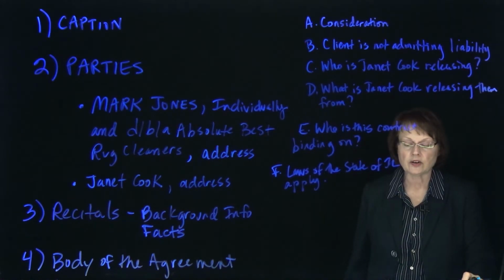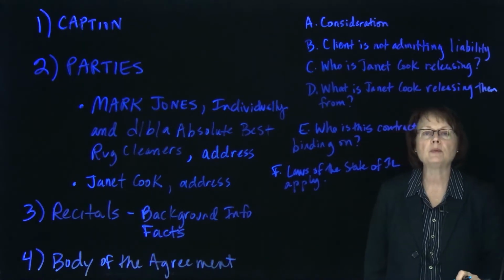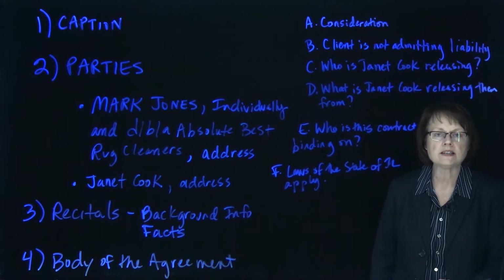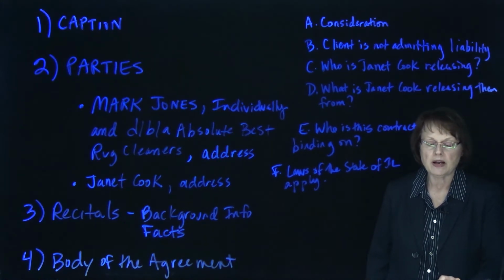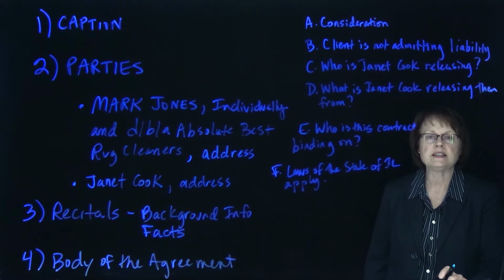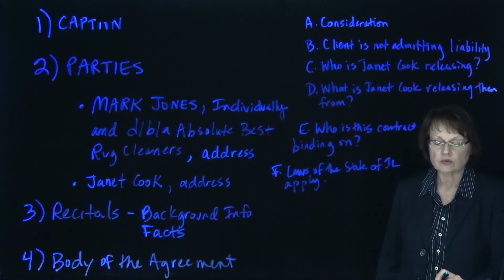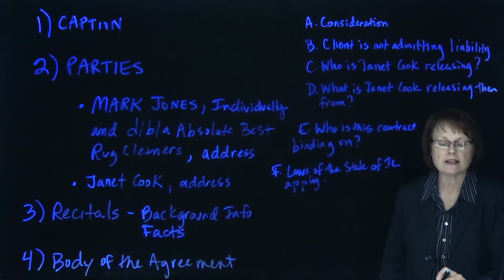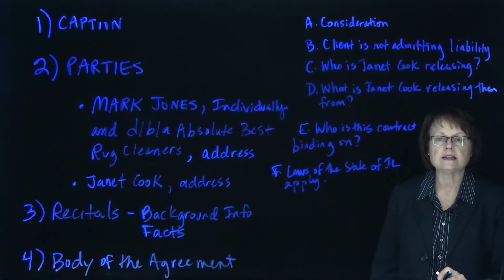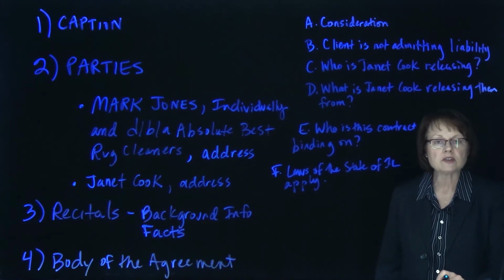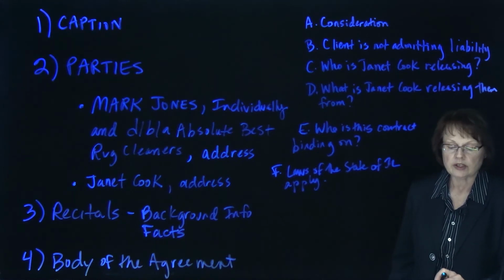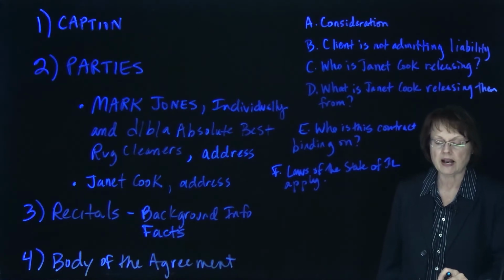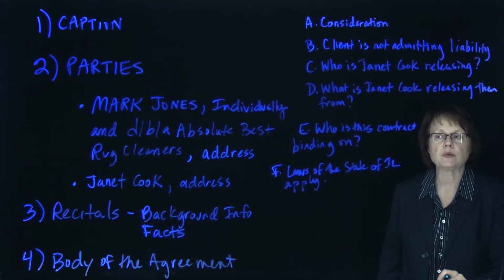Another clause that you're going to have is what's called a severability clause. You're going to learn more about severability clauses in a later chapter, but if there's a sentence or a clause or even a paragraph in a contract that's found to be unconstitutional or violating a statute, that could be a federal statute, a state statute, an ordinance, then that clause would be severed from the contract, and the contract would be enforced without it.